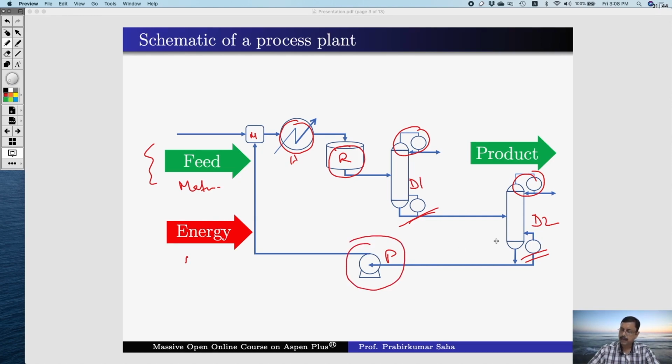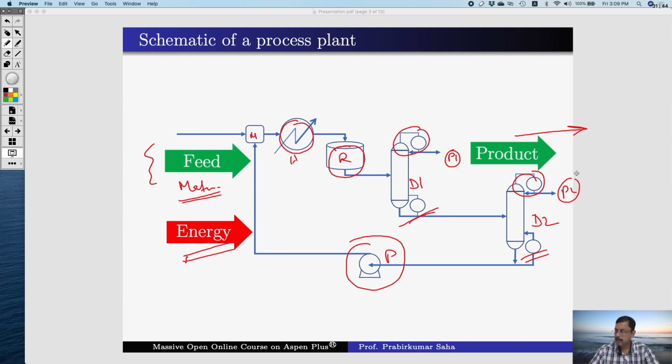So basically, in this process plant, we have to give two types of feed. One is material feed, another is energy feed. And the product we will get out of it, this is P1 and this is P2. Two types of products.